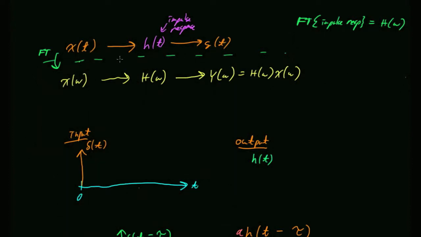I know some of you were kind of thinking along those lines on Monday, but in fact, instead of multiplying x of t and h of t, you are convolving them. That little star with a circle around it, that's the shorthand for the convolution integral. You say x of t convolved with h of t.